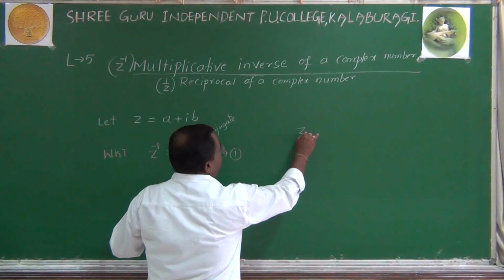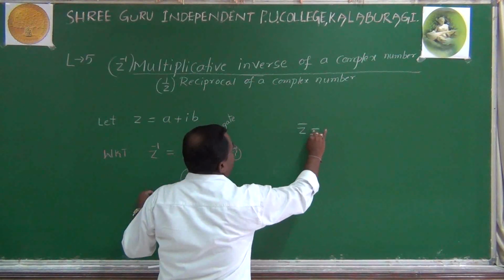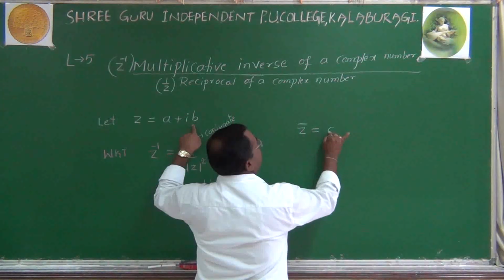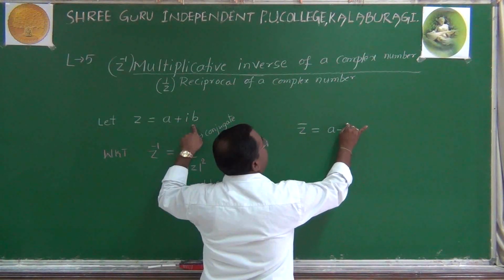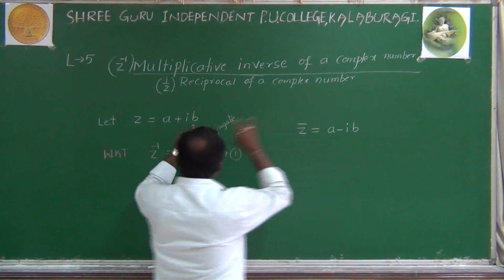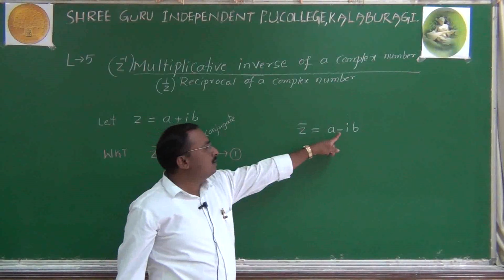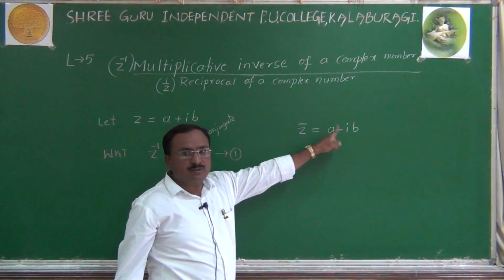That is, z bar, the conjugate of a plus ib, becomes a minus ib. Just change the sign of the imaginary part, that is the conjugate.